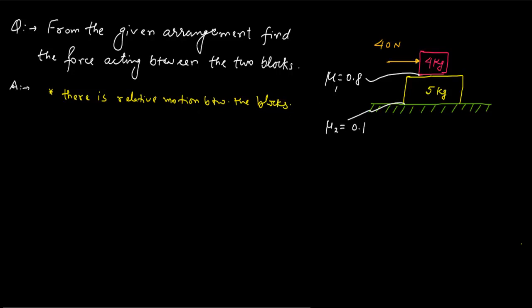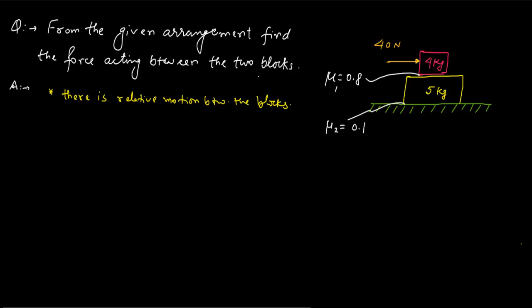Because if there is a relative motion between the blocks, then the situation is different, and in order to have this relative motion, the applied force must exceed the force of maximum static friction acting between the blocks. Clear? Because the force of maximum static friction is the parameter which decides whether relative motion occurs or not.